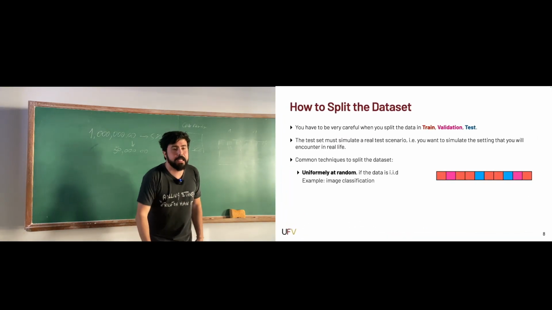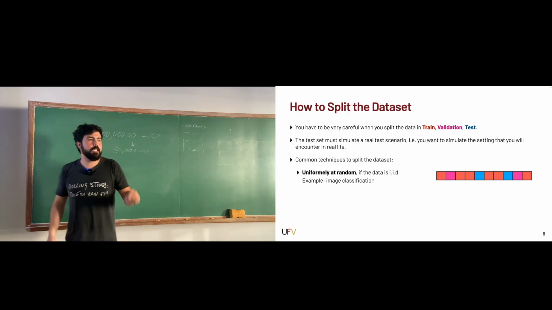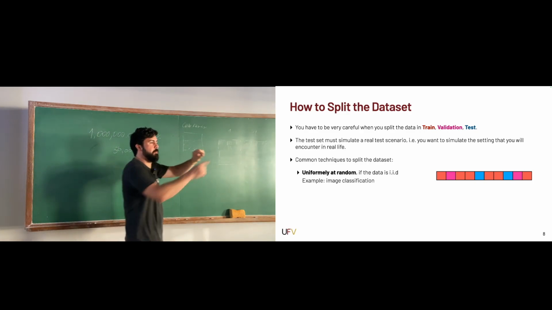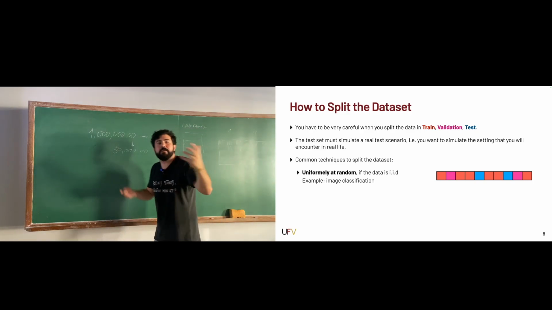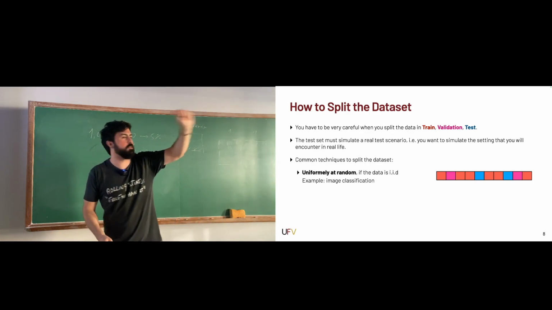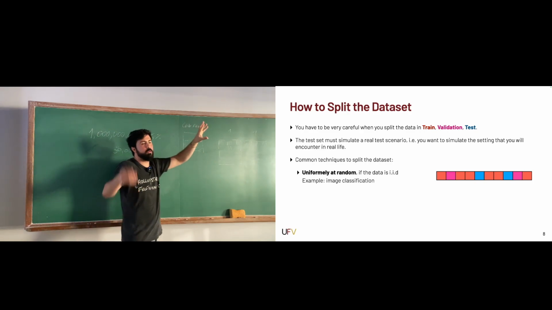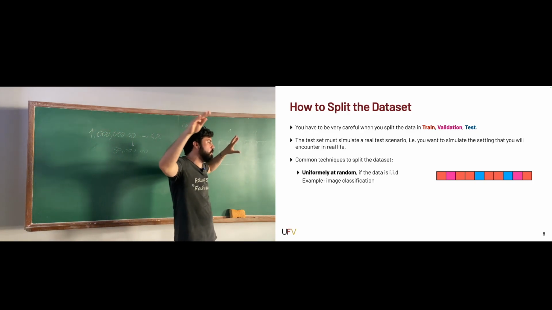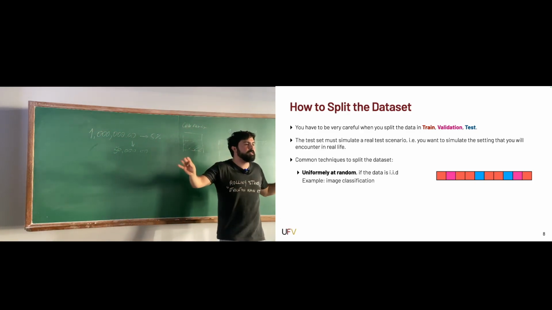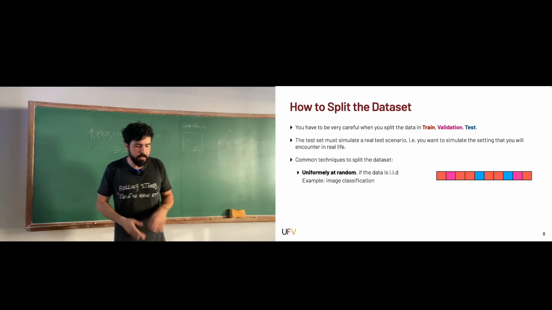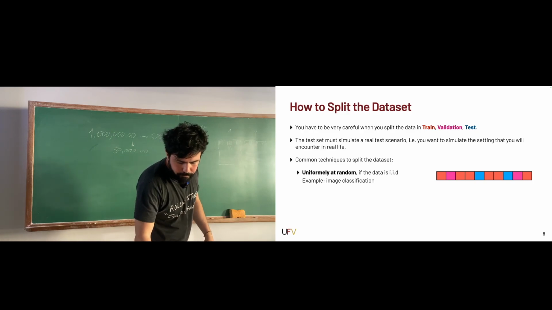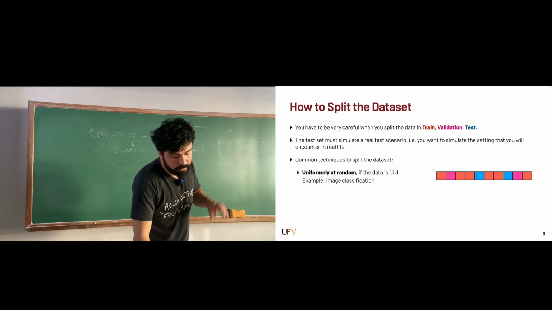Don't worry too much about that, but that means that a given sample in your data set doesn't depend on any other previous sample. They were sampled independently, like images. If you took one picture today, this has nothing to do with a picture we took maybe 3 days ago, those are two completely independent samples. So in this case, you might just uniformly sample or split your data.